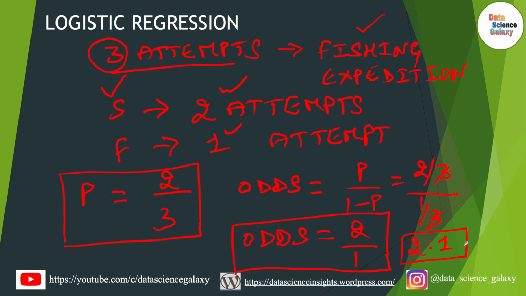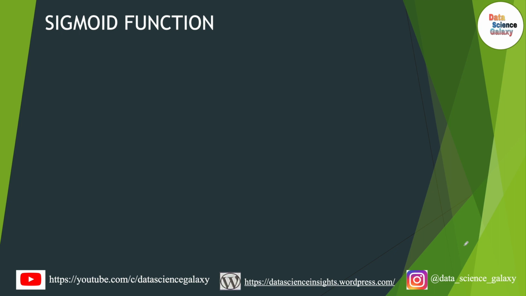Something more to add here is to look at the sigmoid function, the derivation of the sigmoid function. Remember, we started off by saying the sigmoid function, I'll just go and put it here, is nothing but p is equal to 1 upon 1 plus e to the power of minus beta dash x.